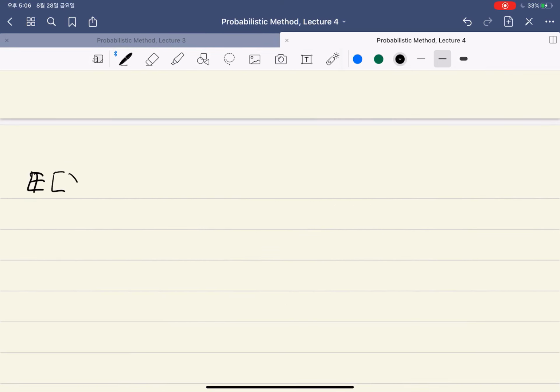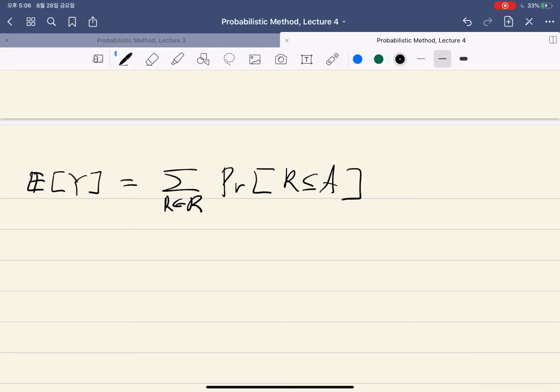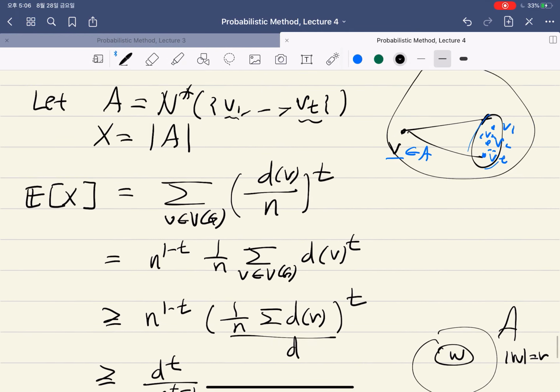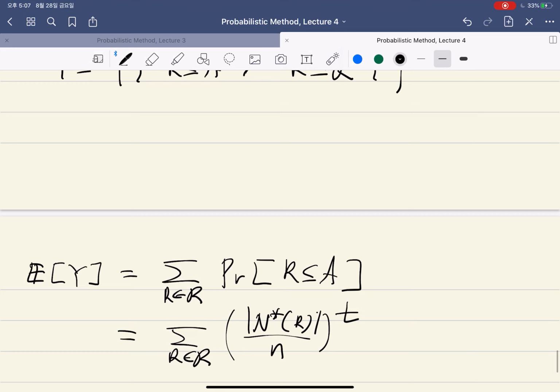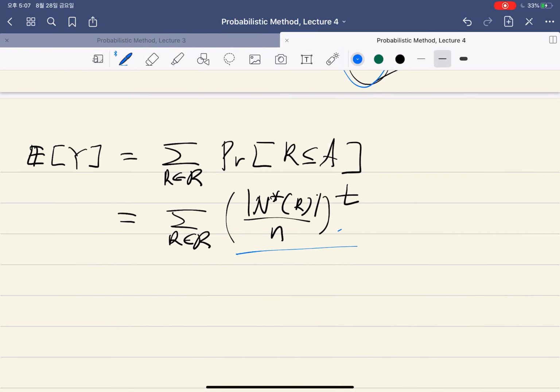Then what's the expected size of Y? The expected number is the summation over all R inside of this script R of the probability that R lies inside of A, which is the common neighborhood size of R over n to the t, by the same logic as before. So you have R with a small common neighborhood, and V1 to VT must lie inside of it so that R is in A, which happens with this probability.